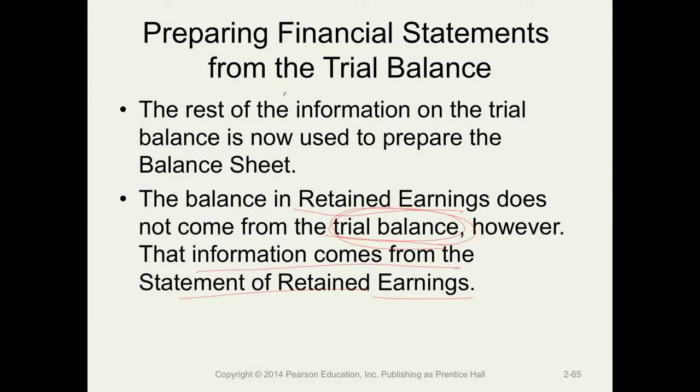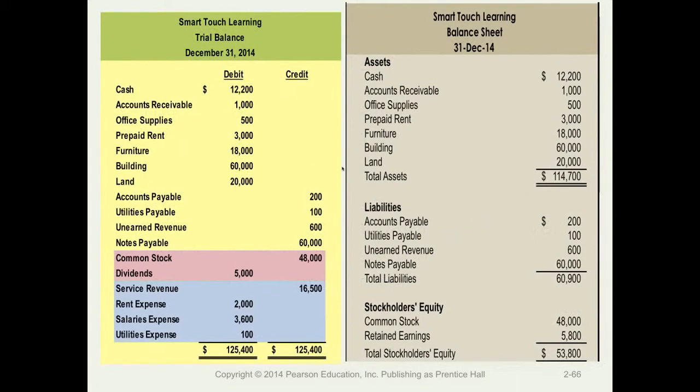So any retained earnings, and this is a key point, that you see on a trial balance at the end of the year is only the beginning balance, while the balance sheet needs the ending balance. And that's where we need to have the statement of retained earnings.